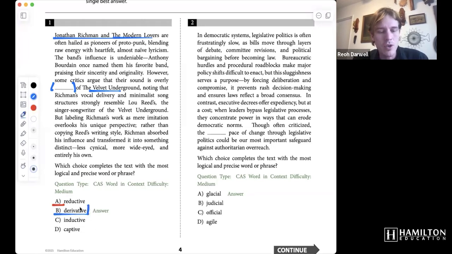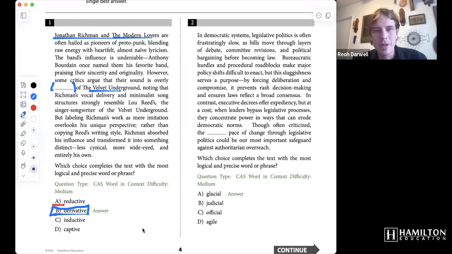You might think of derivative only in the form of, say, what you do in calculus, right? However, to be derivative in the kind of cultural context is to make yourself out of something which came before, right? To kind of copy something, which actually makes sense when you think of it in the math context as well.